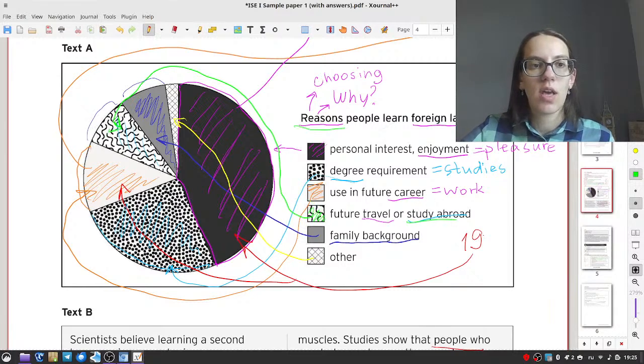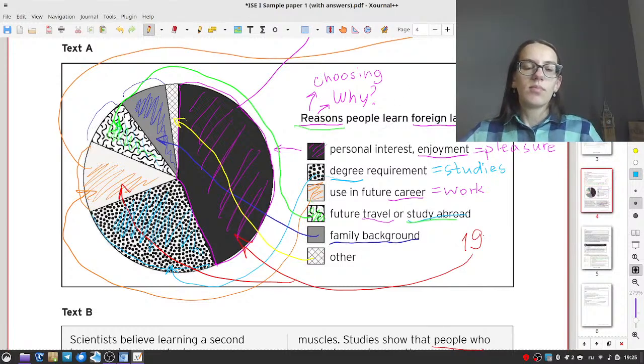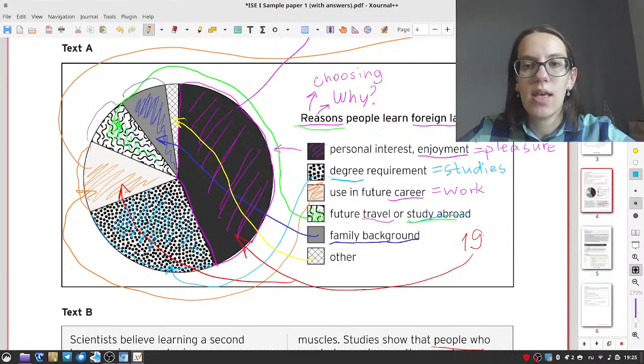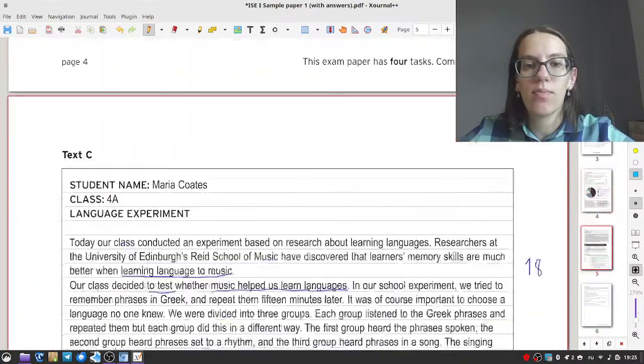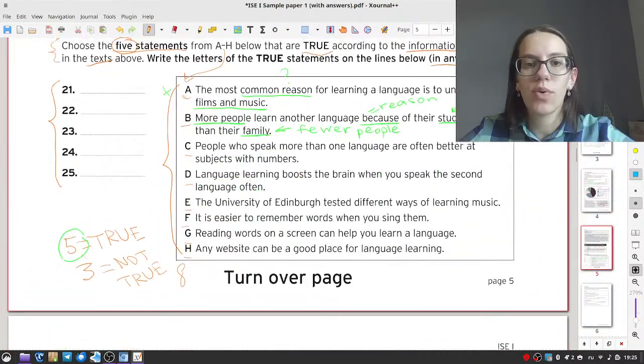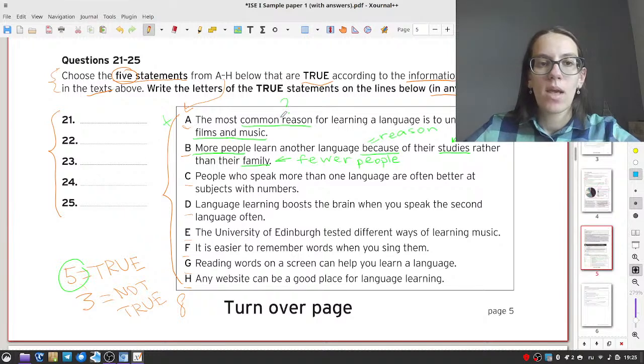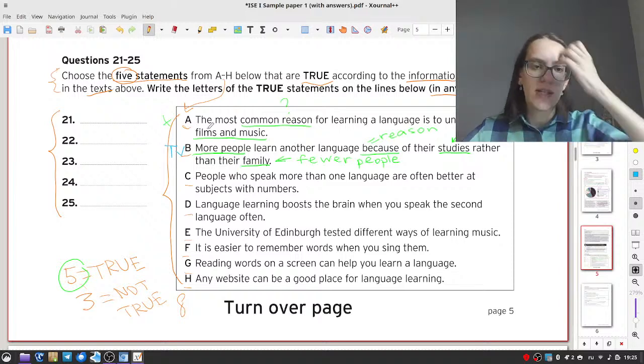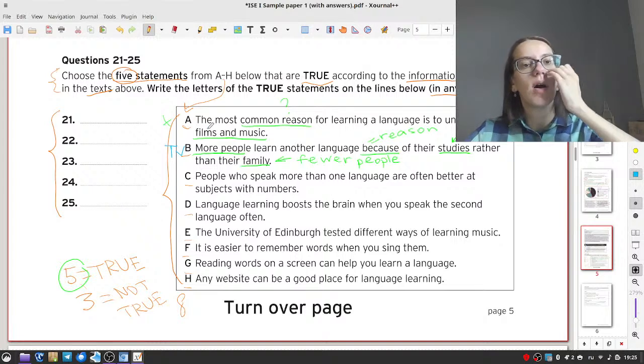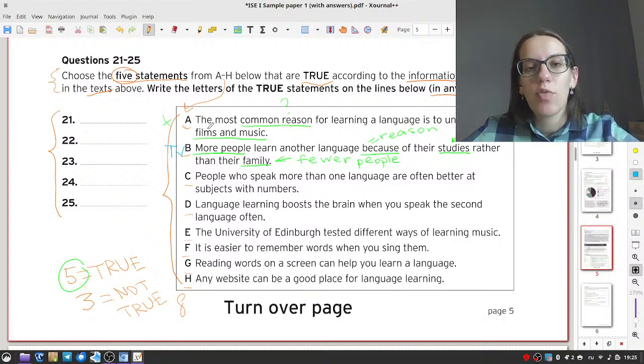It's not only this part, but it's also degree requirement. It's also this big part here. So I hope it's clear why the statement is true. So I can put the letter T here. Or maybe a tick if you prefer. You can mark it how you want. So B is true.